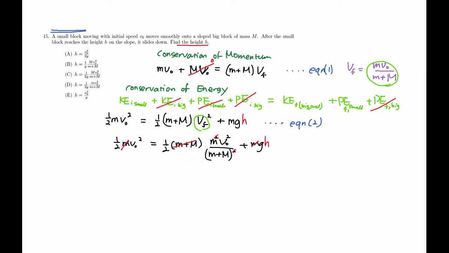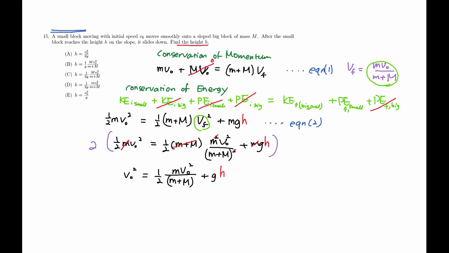I can also multiply both sides of the equation by 2, so that gives me V initial squared equals m V0 squared over (m plus big M), plus 2gh.